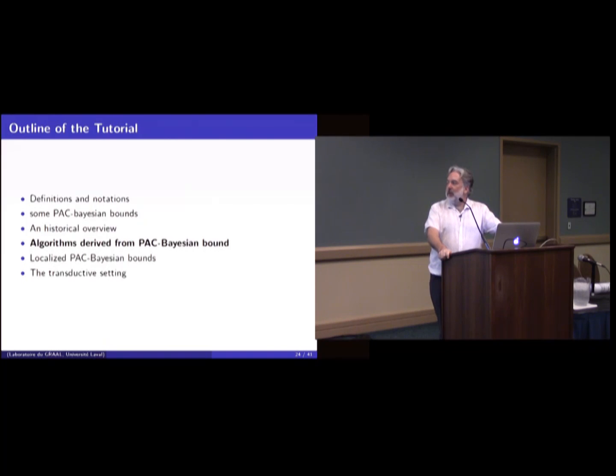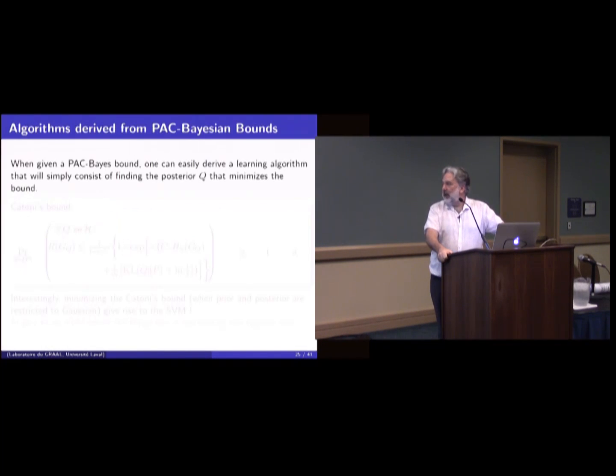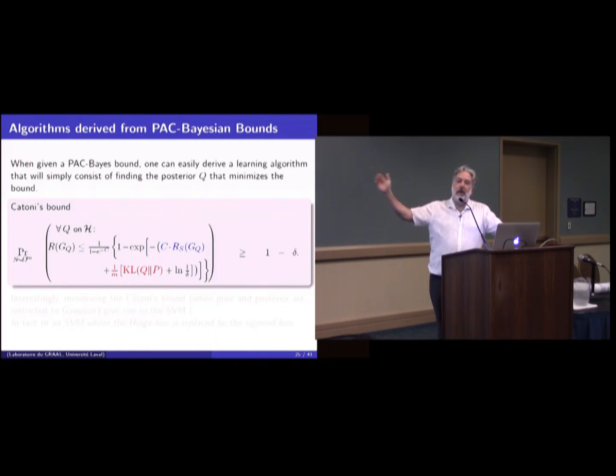Okay, rapidly, what can we do with algorithms derived from PAC-Bayesian bounds? Here is Olivier Catoni's bound that I showed you before. What you can see is that minimizing this bound is minimizing a trade-off, with a certain constant to be defined, between your empirical risk and the value of the Kullback-Leibler divergence.